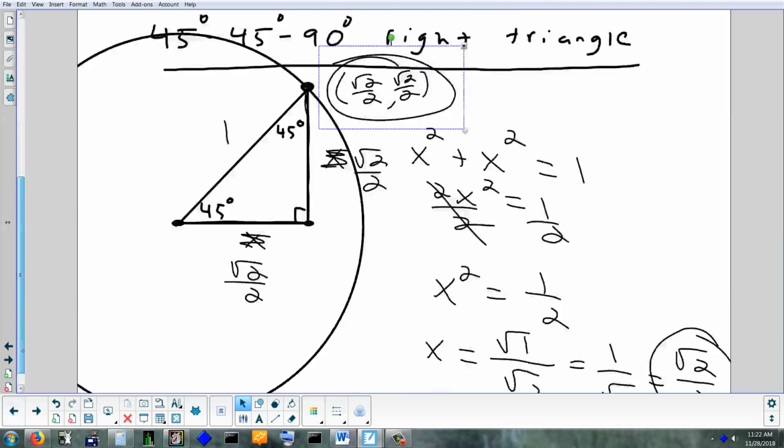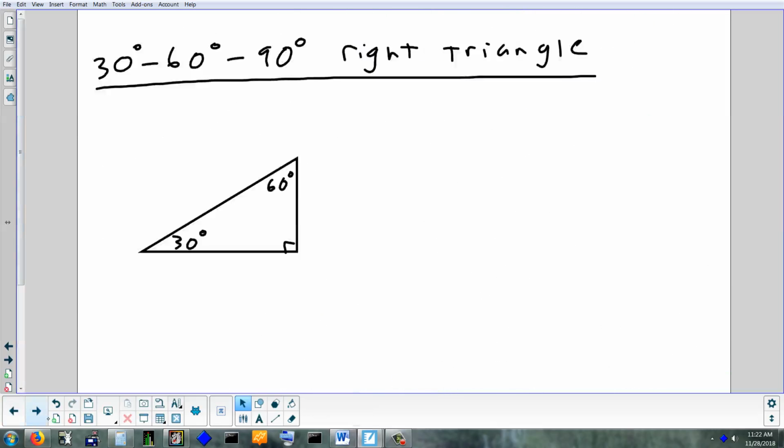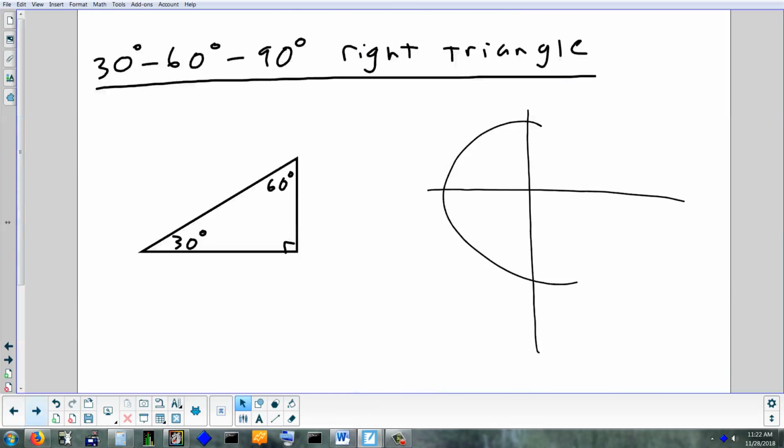Okay, let's look at a problem that would involve a 30 or 60. So if you had your circle, and let's look at the 30 first. So this is 0, this is 90.